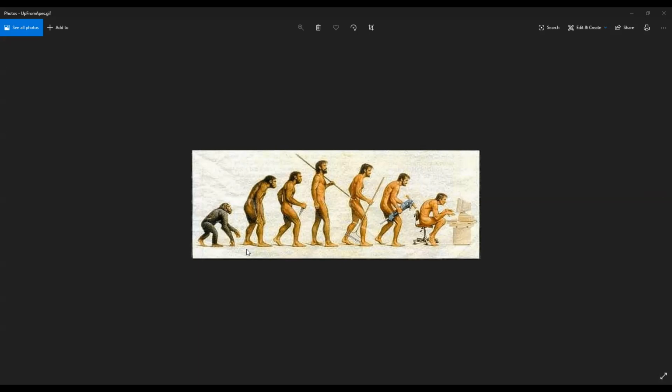This is an image again showing somebody at a table and a chair with a computer in front of him.